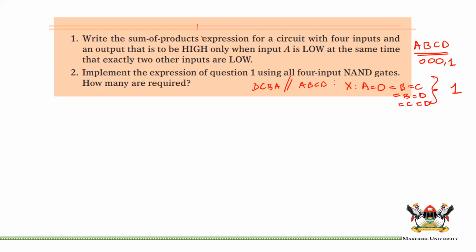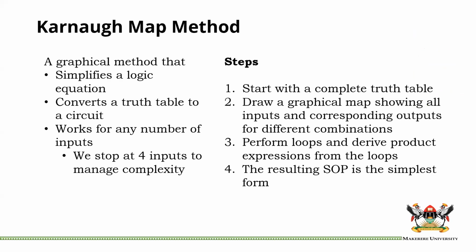So today we want to look at a method of simplification called the Karnaugh map. Karnaugh is a guy, so Karnaugh map. We also just like to call it a K-map. Okay, so if I say K-map, I mean a Karnaugh map. And I think I said last time that this is a graphical method that simplifies logic equations.